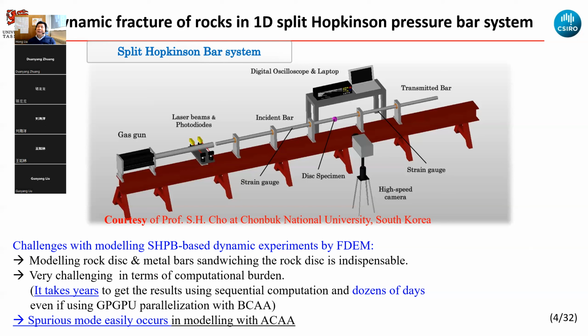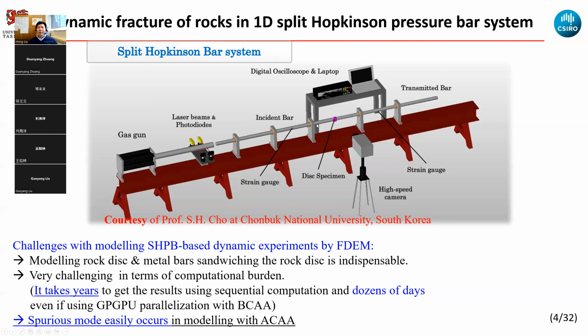For the dynamic test, which happens very fast, to monitor the failure process of the rock sample we need to use a high-speed camera, usually put there.